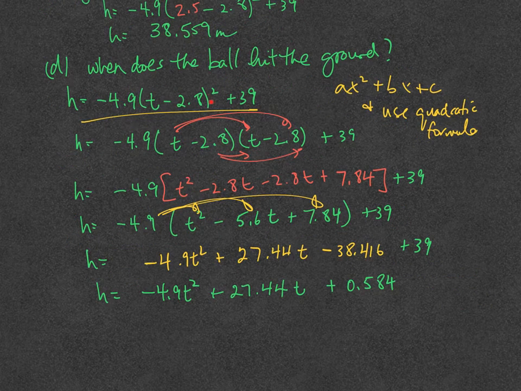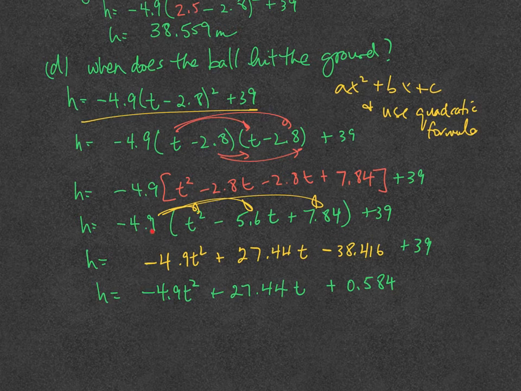Okay, so (t minus 2.8) squared means there are two of them. So in the next line, I've used the distributive property to expand that. Use the red arrows and then the red print to show you what the red arrows gave me using the distributive property. I simplified what that was, and I get t squared minus 5.6t plus 7.84.